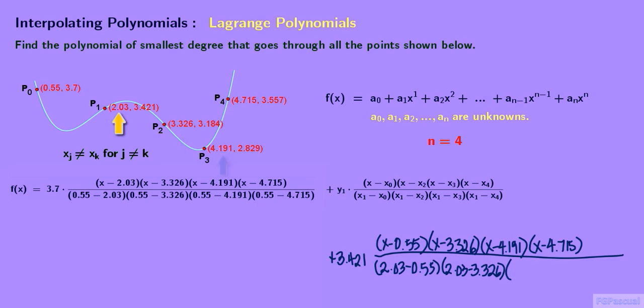Then it's x1 minus x3, or 2.03 minus 4.191. And the last factor is x1 minus x sub 4, or 2.03 minus 4.715.